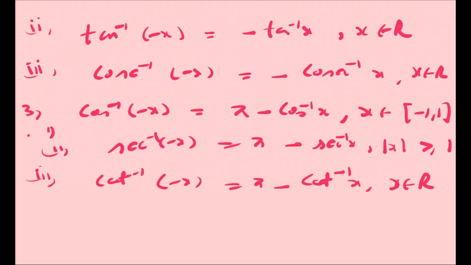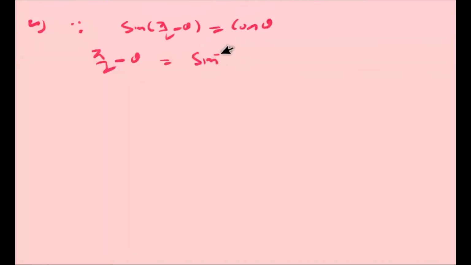Now student, we go to the next part. Since we know sine of pi by 2 minus theta equals cos theta, the complement angle, so we can say pi by 2 minus theta equals sine inverse of cos theta.